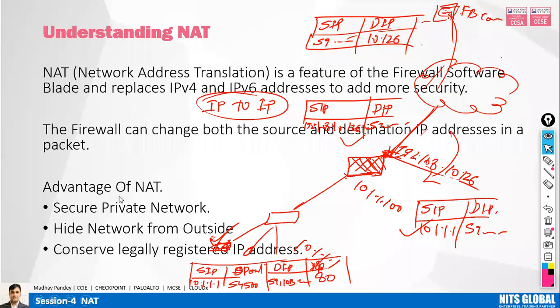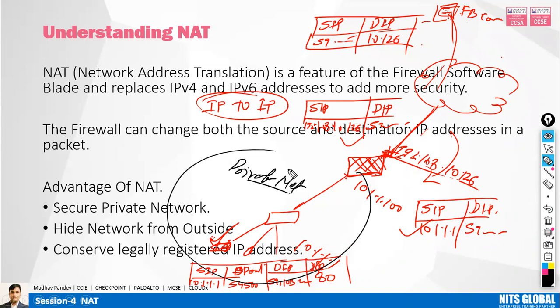Meanwhile, we will discuss what advantages we get from NAT. Why do we do NAT in any environment? Very first, this is my private network. Okay, so this entire network, I will use this. This is my private network.